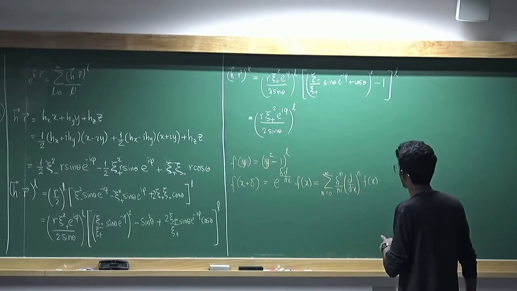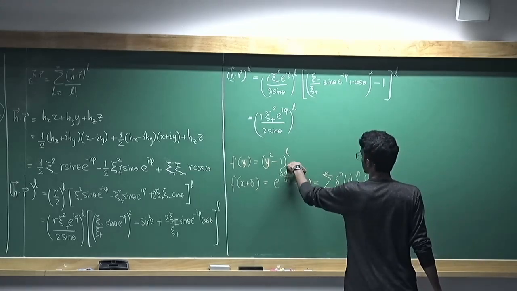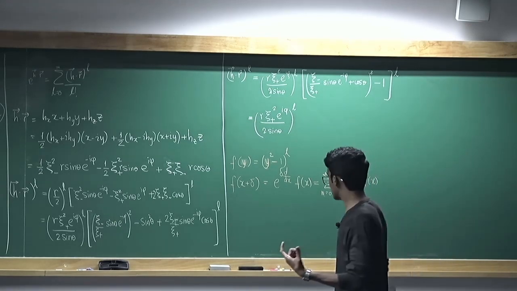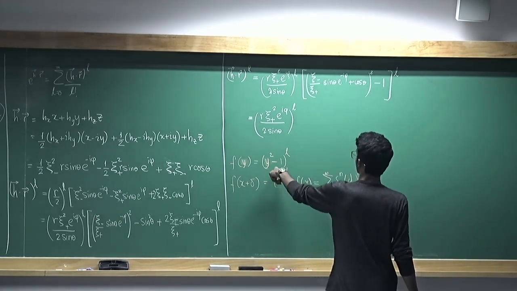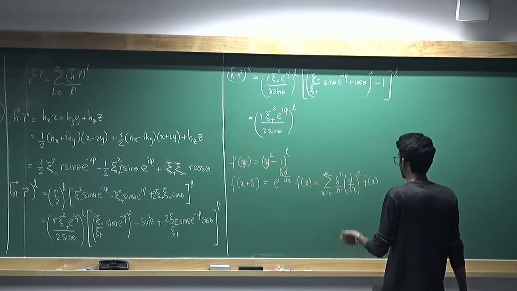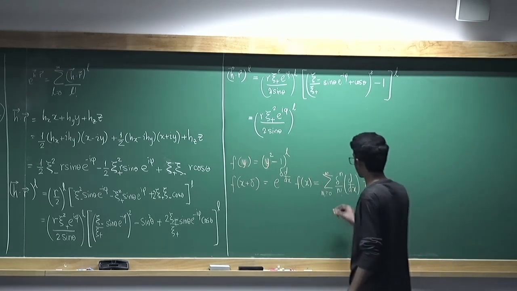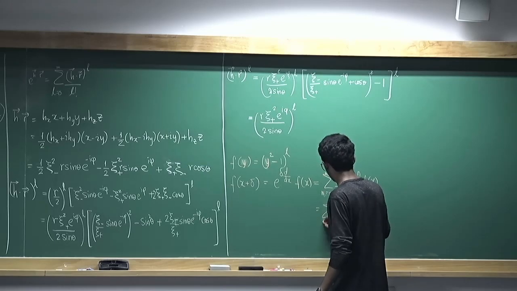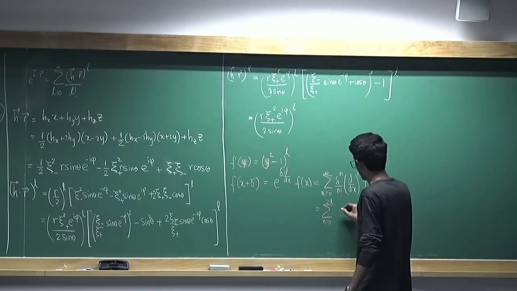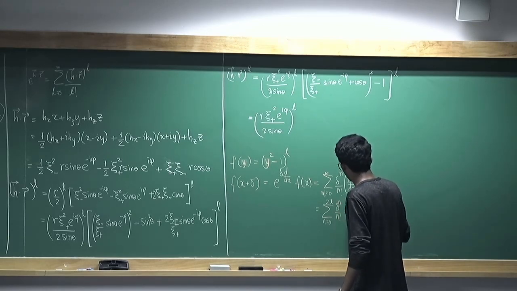Now notice that f of x here is at most 2L degree, so the highest power in f of x is x to the 2L, which means this sum will truncate. This sum will truncate to summation n equal to 0 to 2L, already a good sign, there are 2L plus 1 terms, delta to the n over n factorial, d dx to the n, f of x.